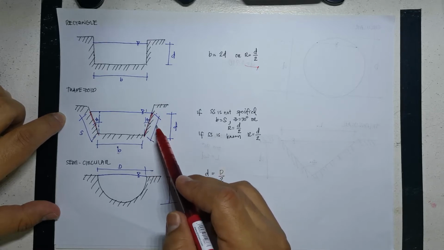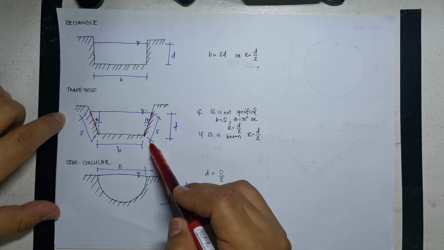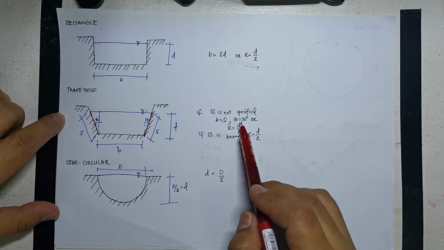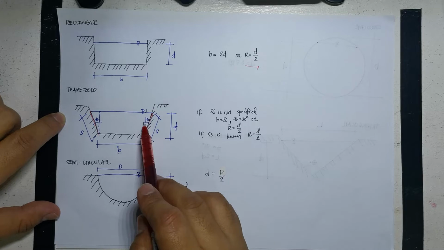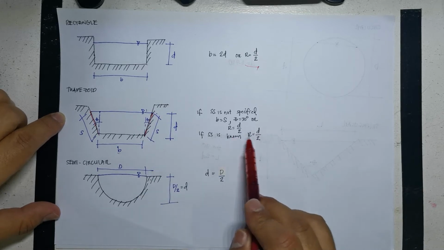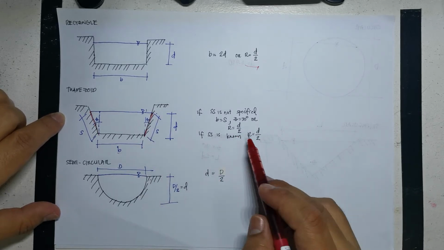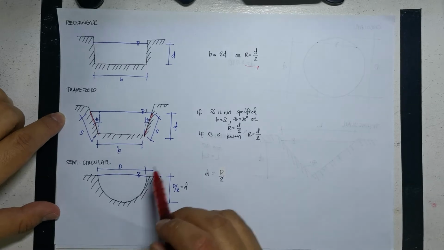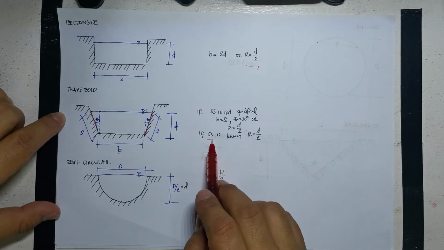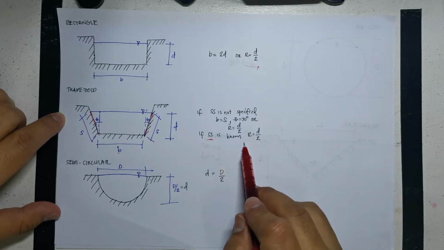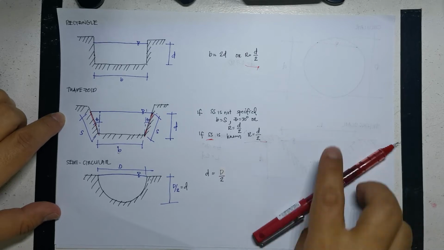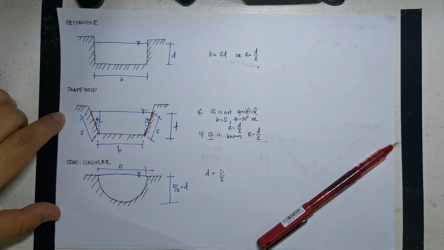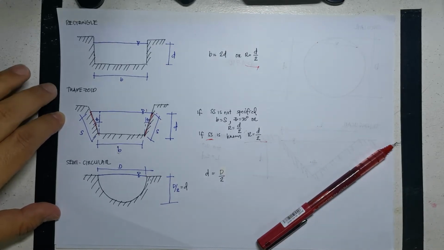That is the length, not the slope. And theta is equal to 30 degrees, or R is equal to D over 2. If we know the side slope, the condition will be that the hydraulic radius is equal to 1/2 of the depth of flow.